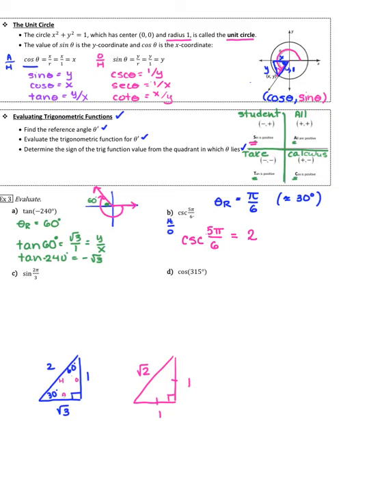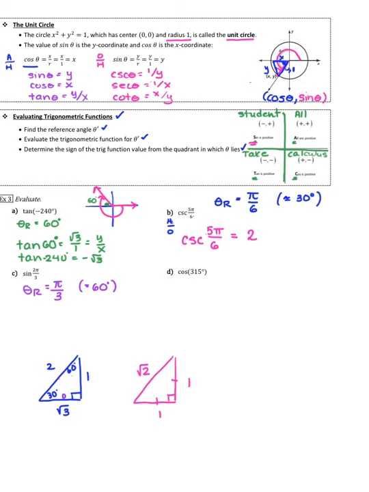All right, let's move on to sine of 2 pi over 3. So that gives me a reference angle of pi over 3, which is 180 divided by 3, which equals 60 degrees. So looking at our triangle that we were dealing with before, we now are looking at our 60-degree angle.